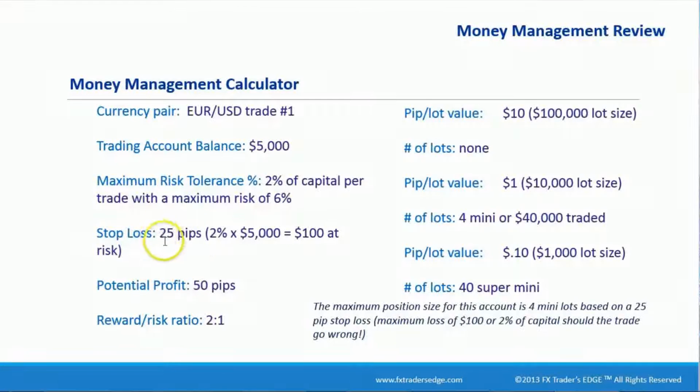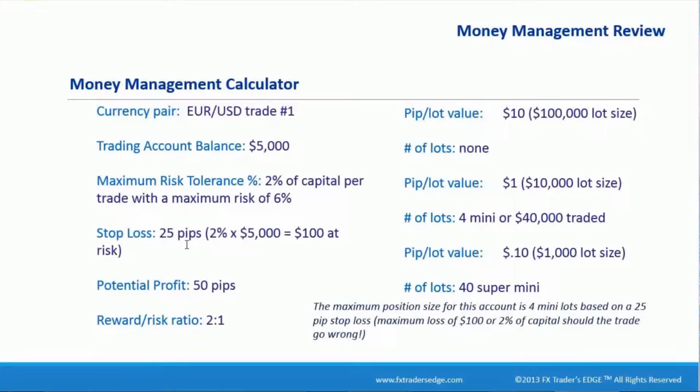Based on the stop loss and the amount of money at risk, $100, we cannot take a standard lot. If we multiply $10 times 25 pips, that would mean losing $250 when our defined risk tolerance is 2% of capital, which is $100. So we would be over our risk tolerance by $150 on that trade.